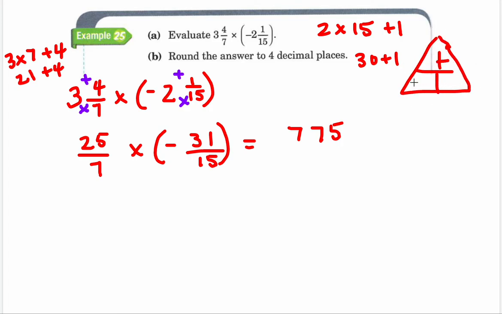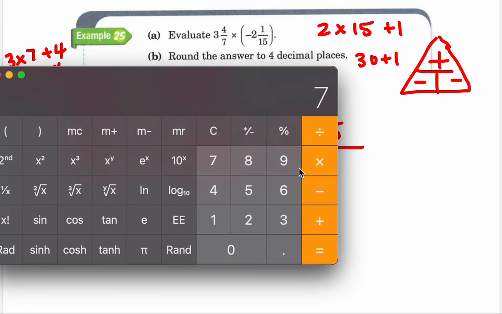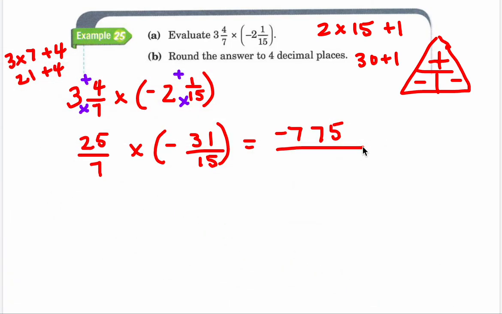Remember our rules: positive times negative would be negative. And then 7 times 15 for the bottom. So we have 105 on the bottom. Okay, so it's negative 775/105ths.